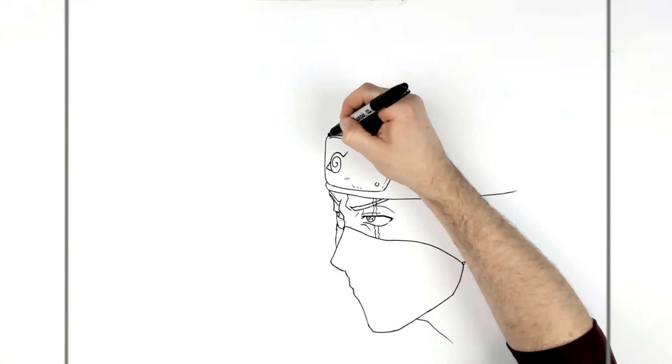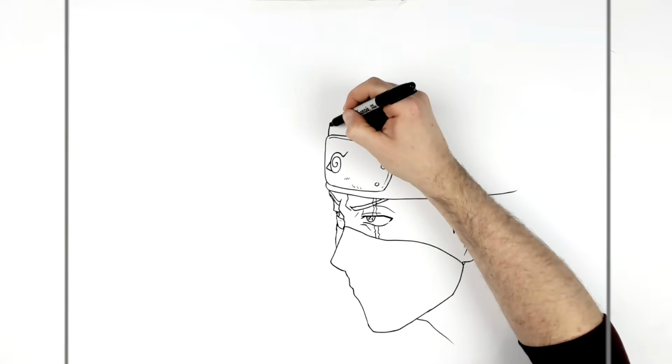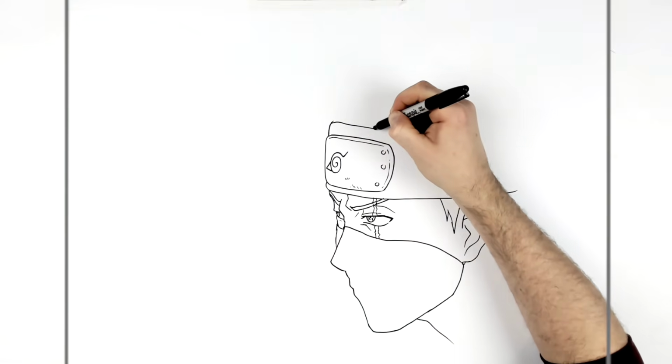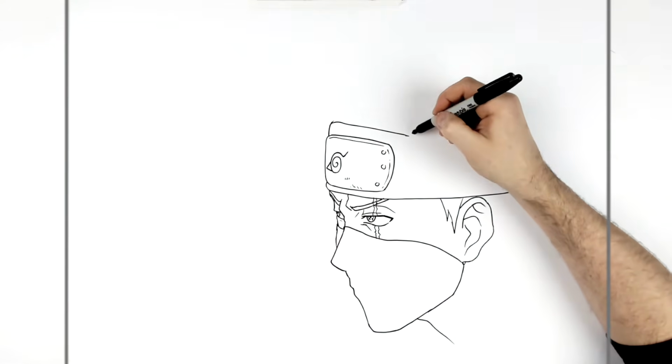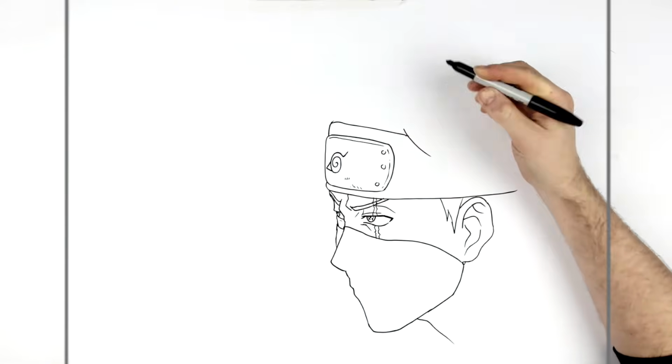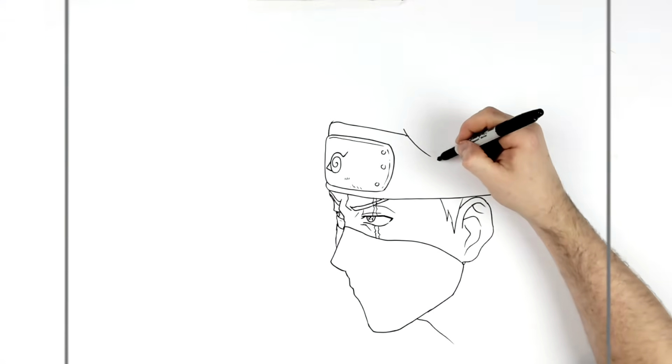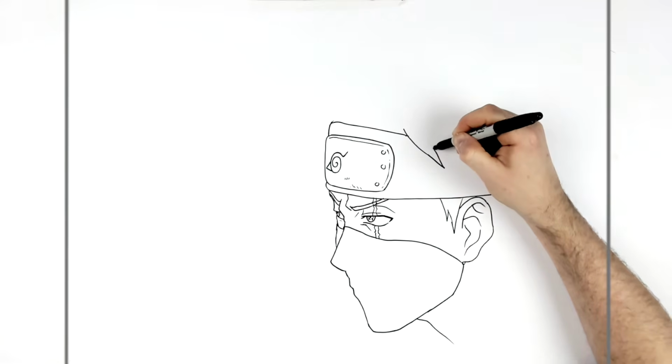Top of the headband then bumps up from here, and then it just goes down. Stopping about here because he's got some hair that crosses the headband, right? So it's just like, how far do we go? Down there, real long.